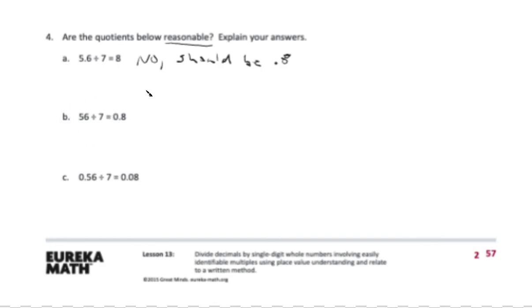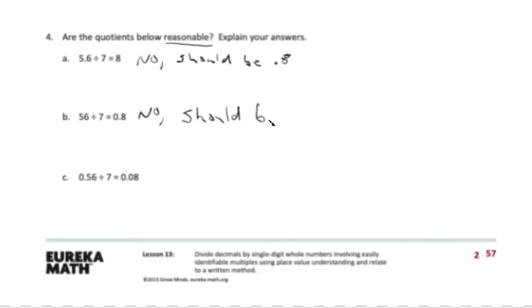All right, and what about this one? 56 divided by 7. Again, it's 8, right? 56 divided by 7 is 8, but this is 56 wholes, isn't it? There's no decimal. So why would my answer be 8 tenths? No, that's not reasonable. Maybe if I write bigger, it'll work better.